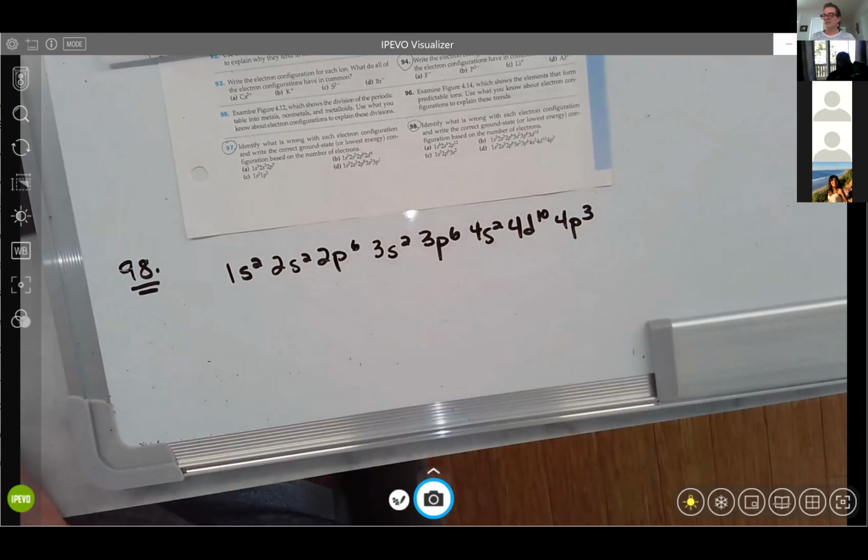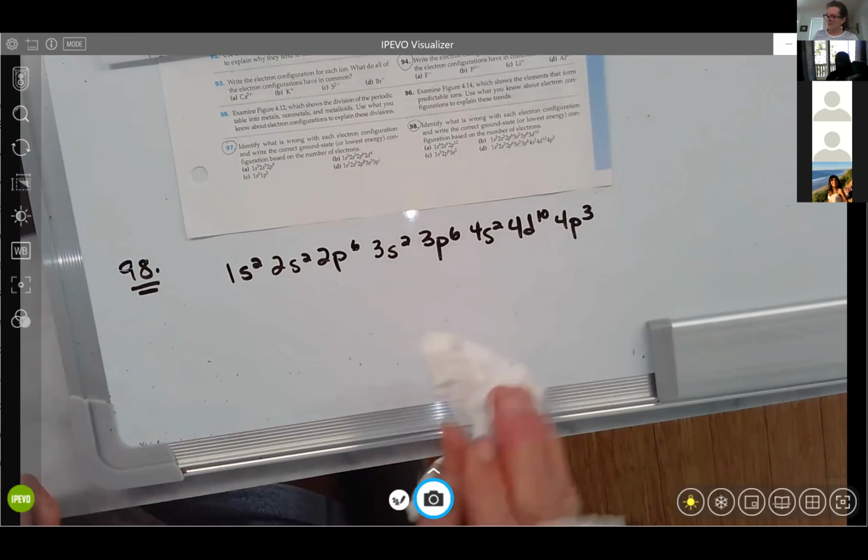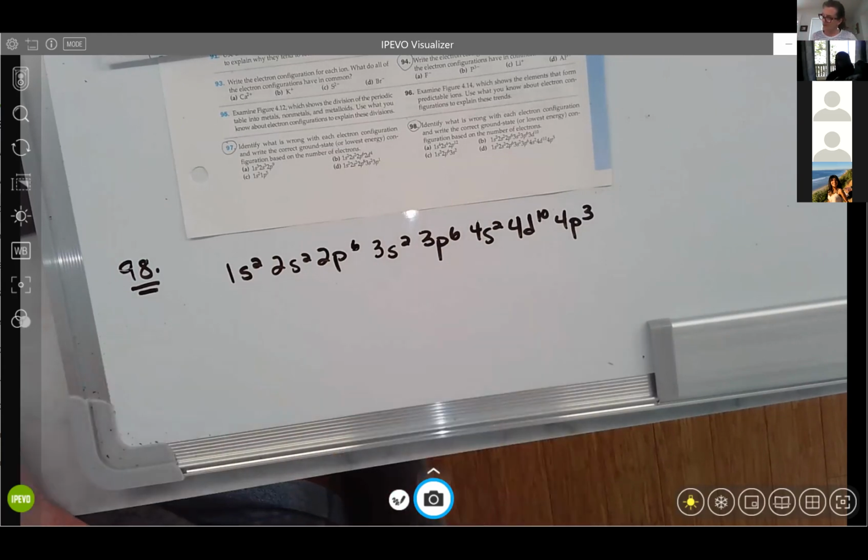We want the ground state configuration for this atom. So what's going on here?